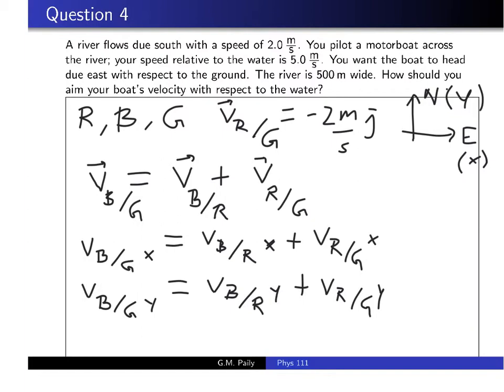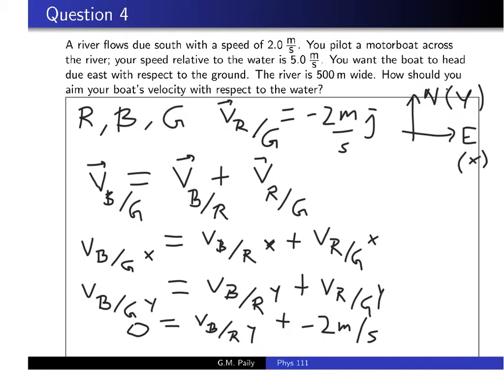But this implies that the y component must be 0. So we focus on this equation. Plugging in the numbers, we see that we have 0 equals the y component of the velocity of B with respect to R plus negative 2 meters per second.